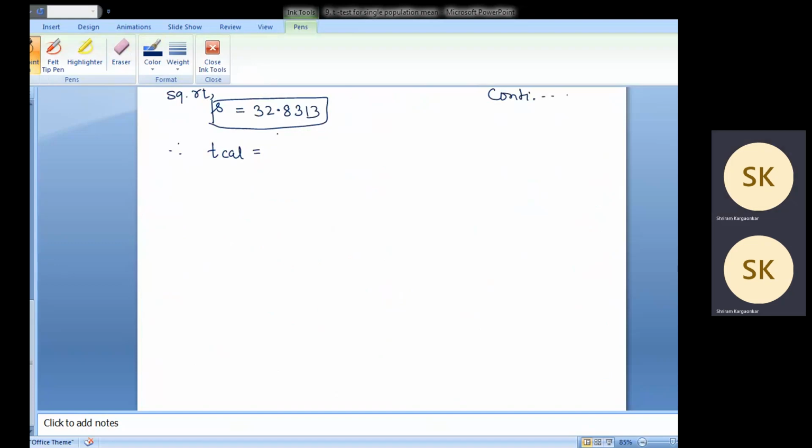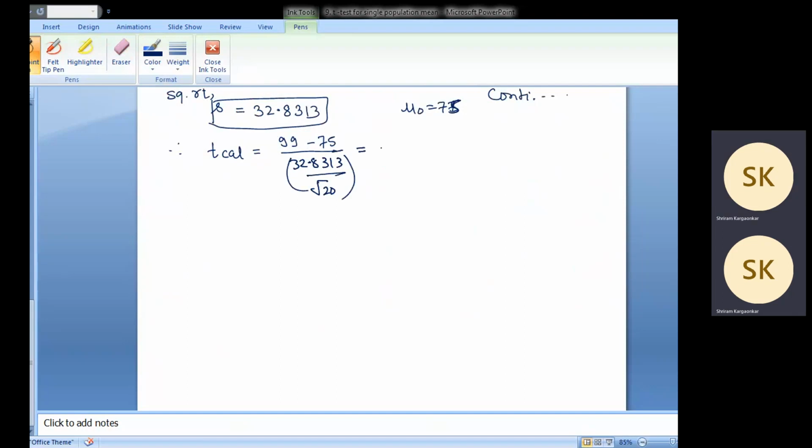So x bar is 99 minus 75, because mu naught was 75, upon 32.8313 upon root of 20.